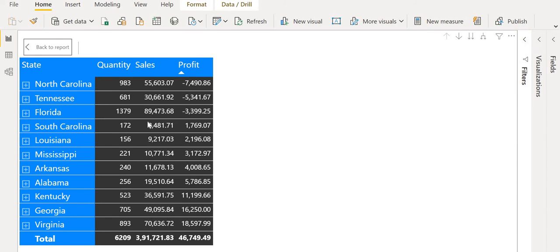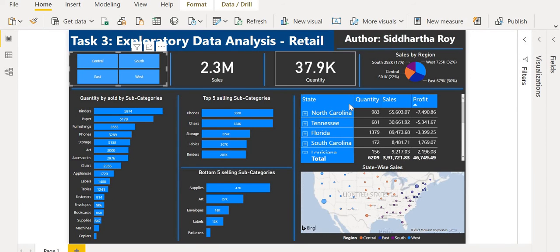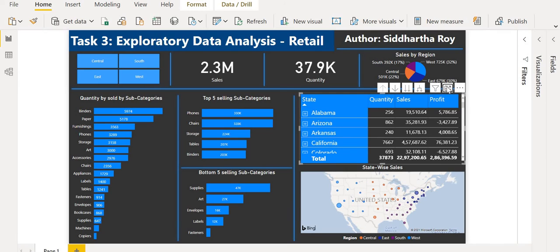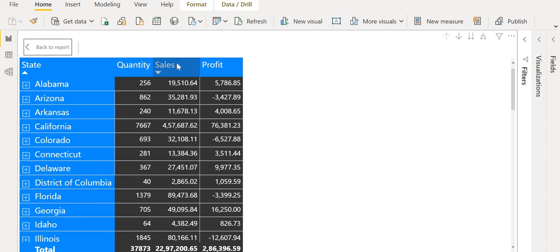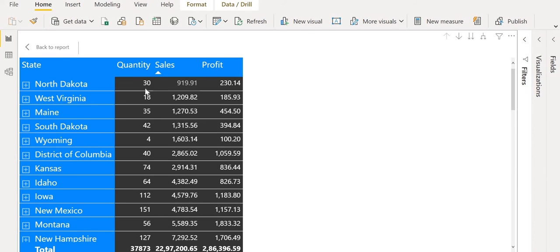Similarly, we'll go back to the dashboard and explore more. If I put it into focus mode and want to see where the sales are relatively low, the sales column has been sorted in ascending order, and we can clearly see where the sales are relatively low.